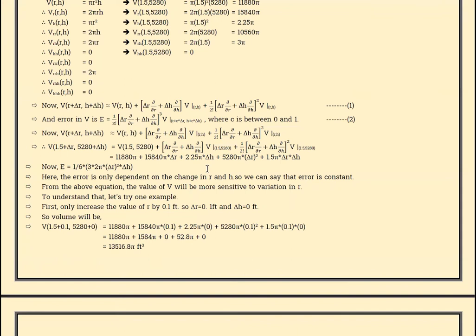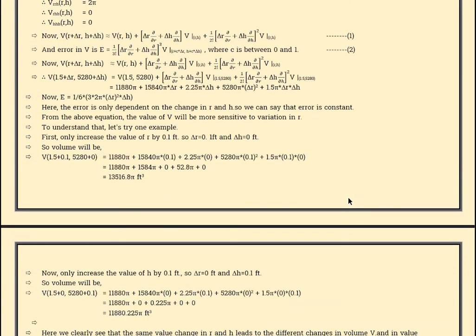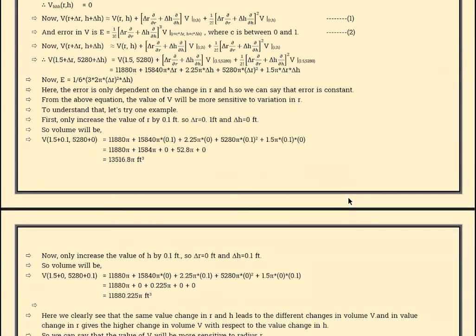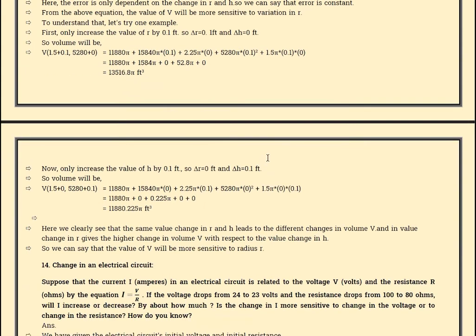From the above equation, the value of V will be more sensitive to variation in R, or we can say in diameter. To understand it, let's try one example. First, we only increase the value of R by 0.1 feet. So ΔR is equal to 0.1 feet and ΔH is equal to 0 feet. So volume will become as following, and we do the same thing for height.